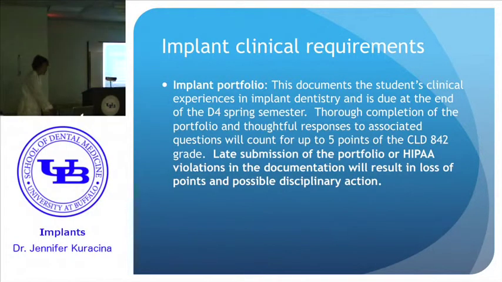Basically it gives them the opportunity to document the workup that they did for their implant evaluation, some comments about the fabrication of the surgical guide and what were important considerations in doing that, items about the implant surgery that they assisted, and then there's an optional portion about restorative procedures that they did, and it's optional because not everyone gets to do that.